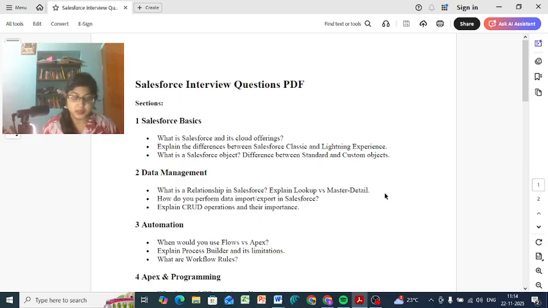By the end of the session, you will not only know how to make the right automation decisions, but you will also get actionable insights for your career growth.